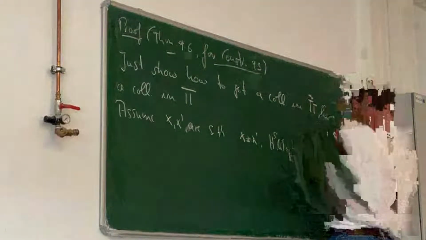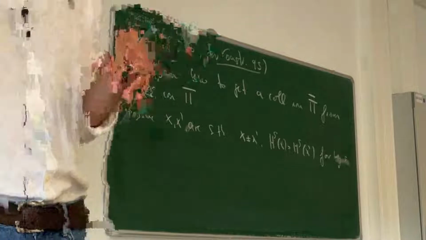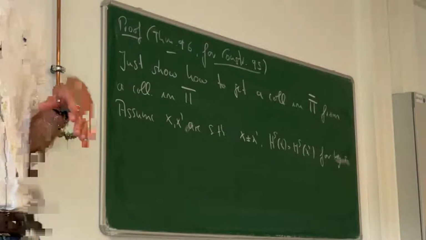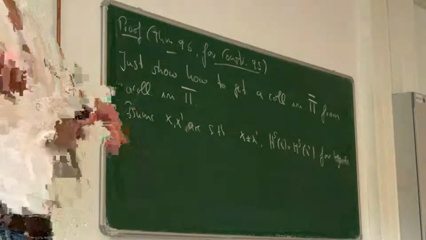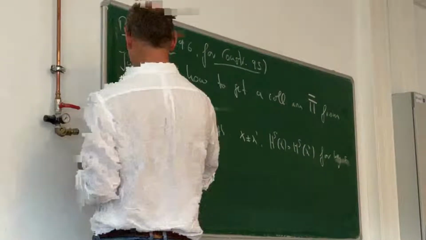This works for any key, so I don't have to specify that it's generated by the key generation algorithm or whatever it is. Okay? So now we distinguish two cases.